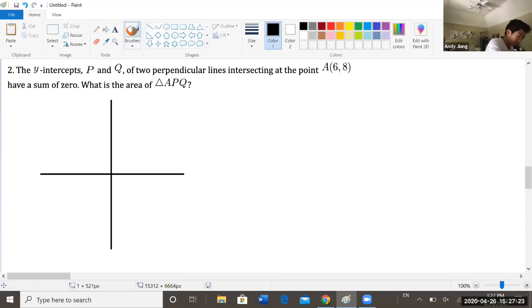Okay, I have point A at 6, 8. And the two y-intercepts P and Q of two perpendicular lines intersect at A. So I have two lines that go through A that are perpendicular. I'll make a rough estimate.